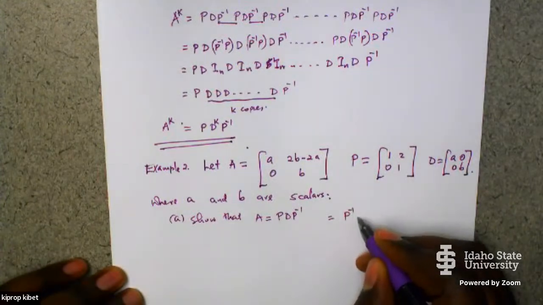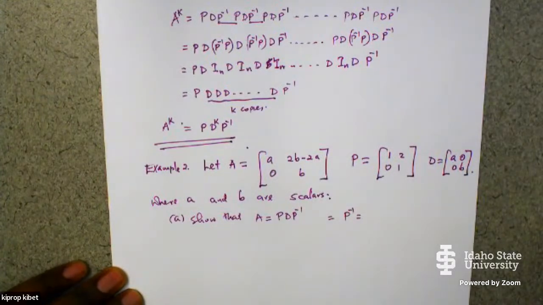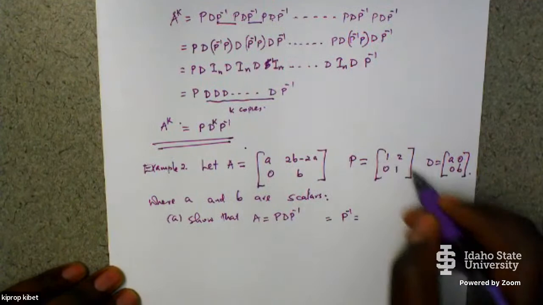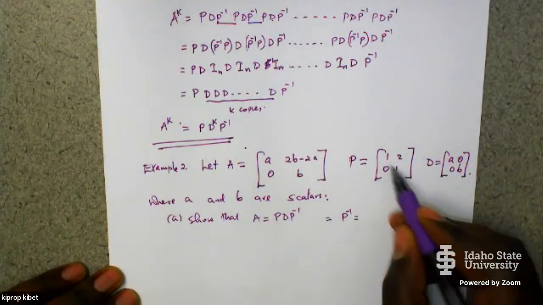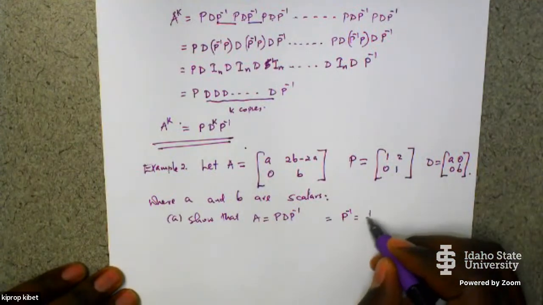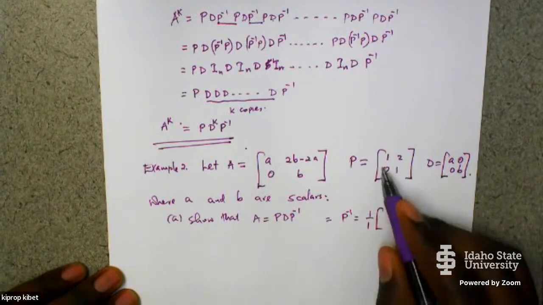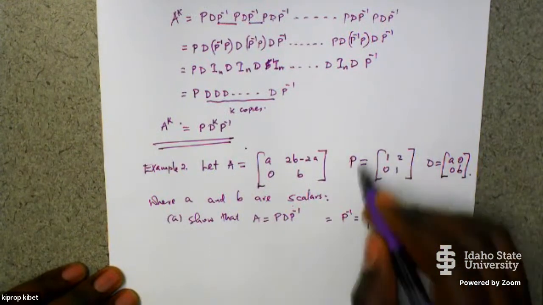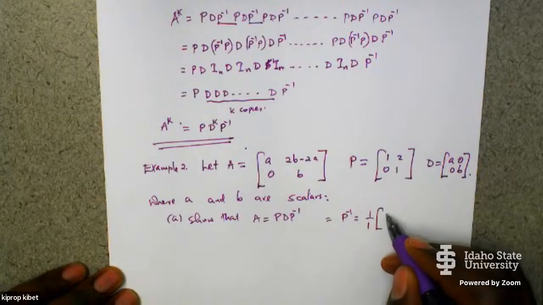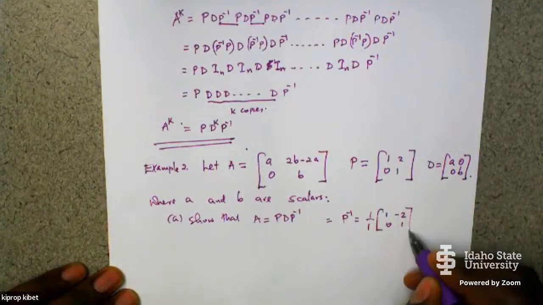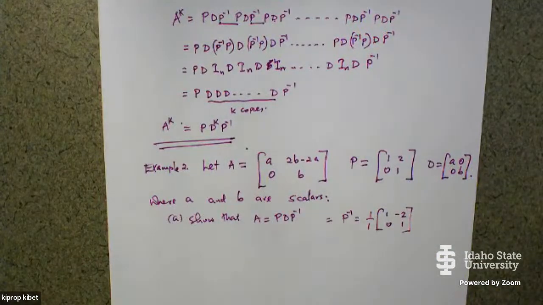Then P inverse is the same as 1 over the determinant of P, which is 1. So 1 over 1. And since this is a 2 by 2 matrix, you switch. So it is 1, minus 2, 0, and 1. So that is our P inverse. You switch this.